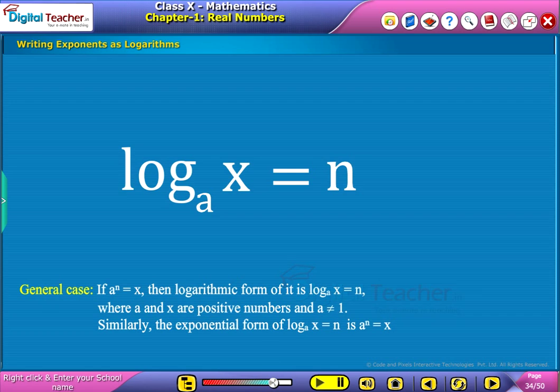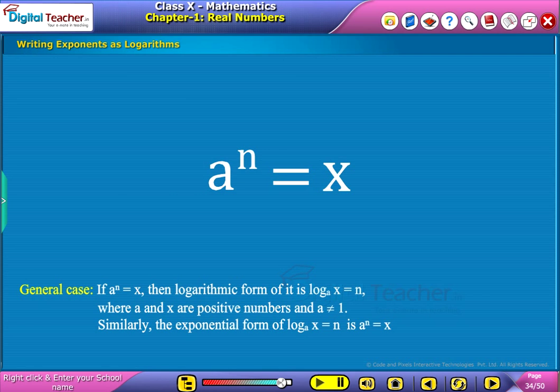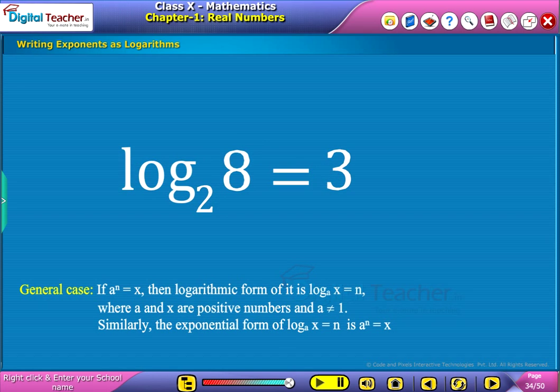Similarly, the exponential form of log x to the base a equal to n is a power n is equal to x. Example, the logarithmic form of 2 cube is equal to 8 is shown on the screen.